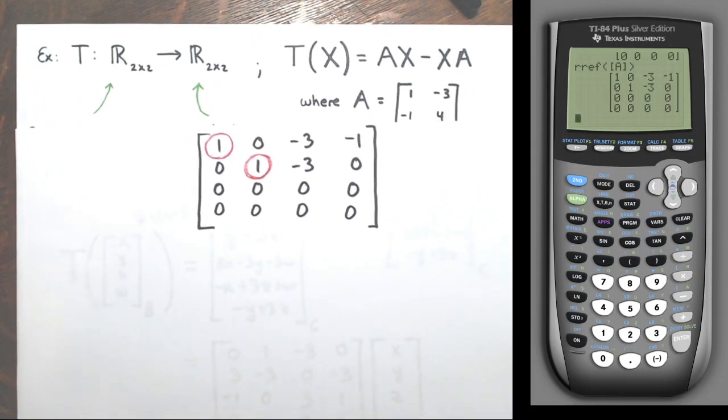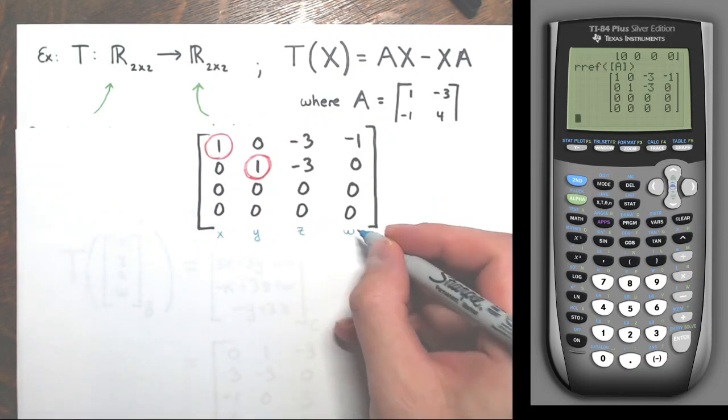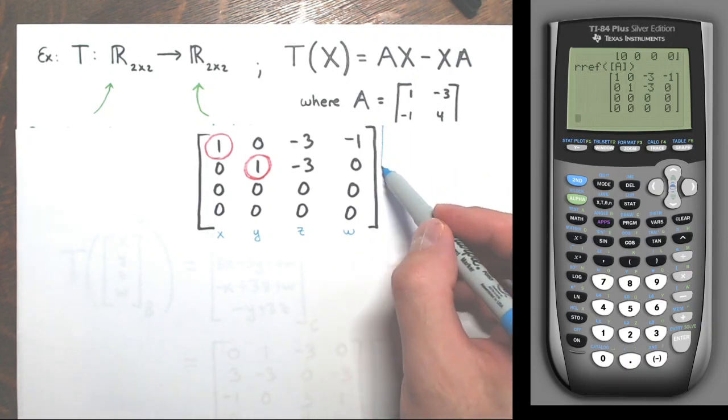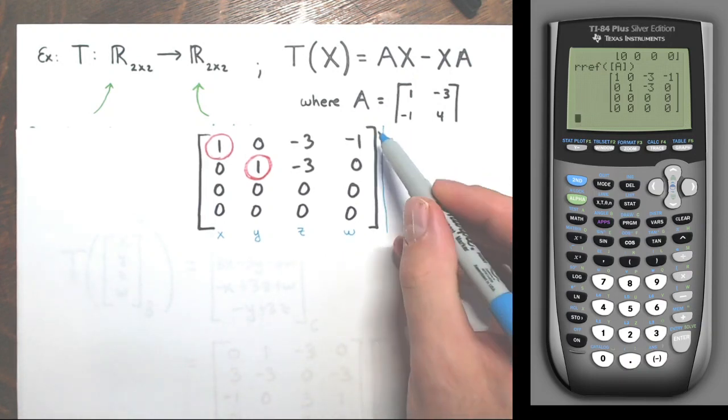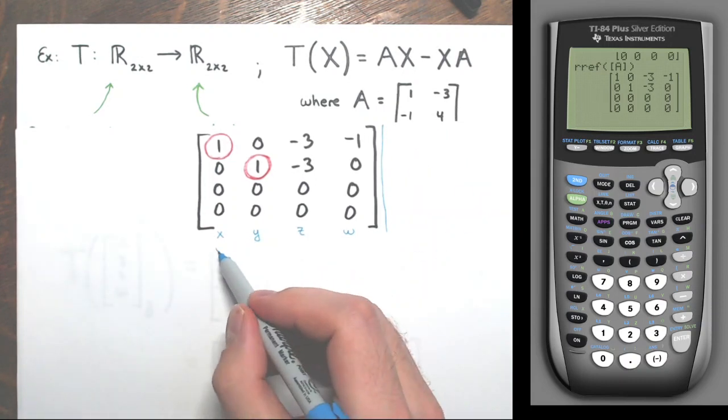Remember my variables here were x, y, z, and w. These are the coefficients of x, y, z, and w. If I'm going to find the null space, imagine there's a bunch of zeros over here, like an equal bar, and then a bunch of zeros. So the x and y are basic.